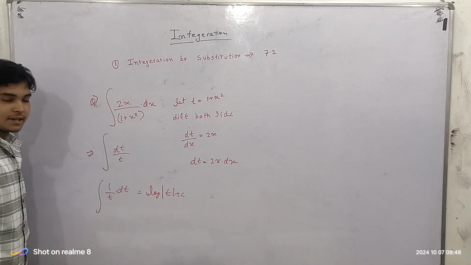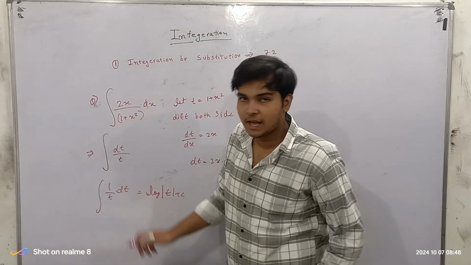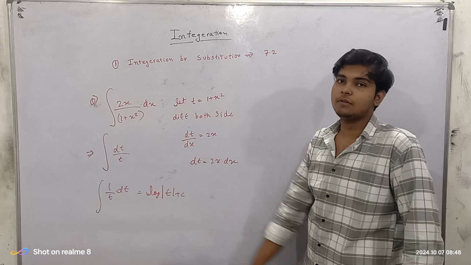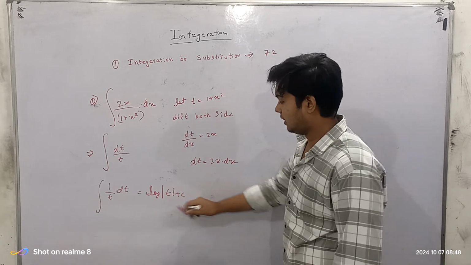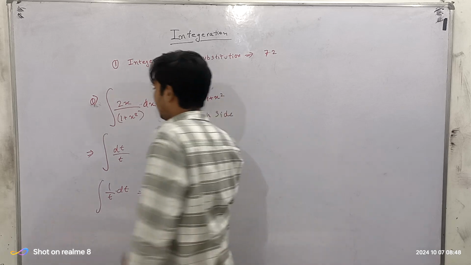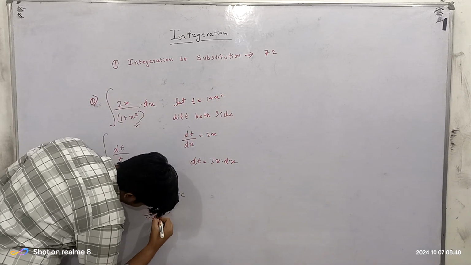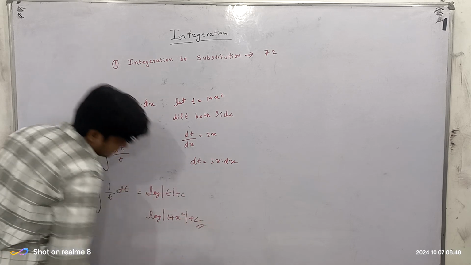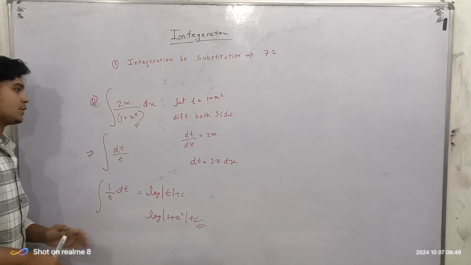Do not get confused that it was x and now t has come. 1 by t dt, 1 by x dx, 1 by y dy, all equal log of x, y, z or t. Now we put the value of t, which we took as 1 plus x square. So we write log of 1 plus x square plus c. This is the answer. We will leave it here only, no need to solve further.